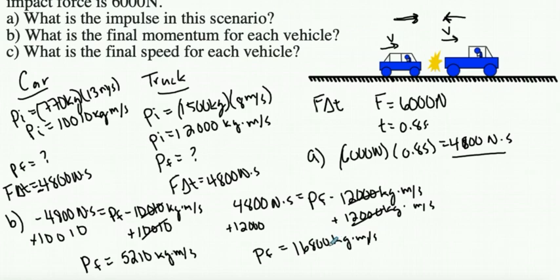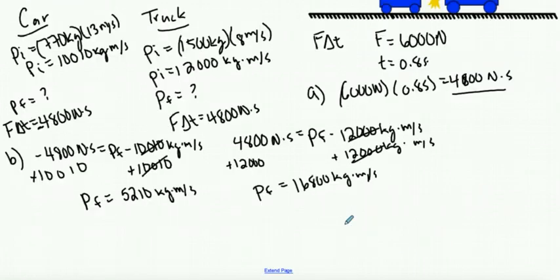So now the last piece here, we actually have to find the speed of both of these. Okay, so our car is 770 kilograms and the truck is 1,500 kilograms. Let's find our final speed. So we can break apart momentum. Remember, momentum is just mass times velocity. In this case, we're doing final velocity. And we just use the masses of each of the vehicles that were given.